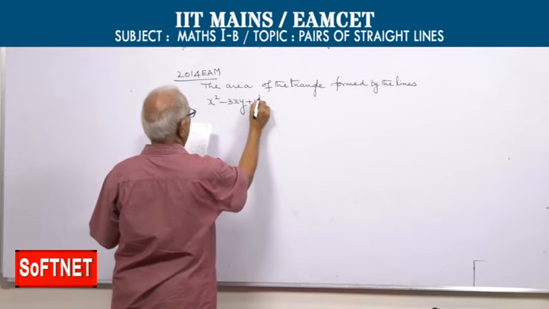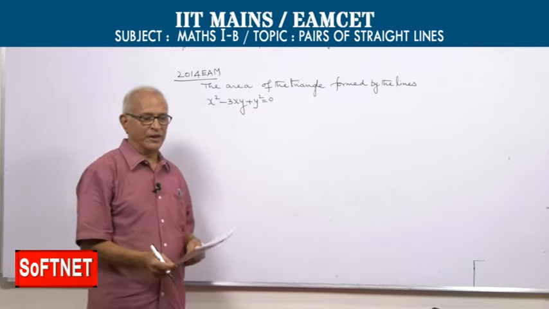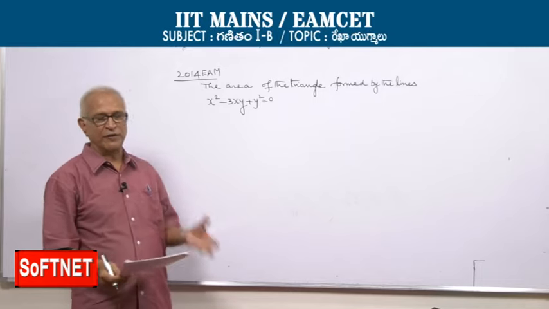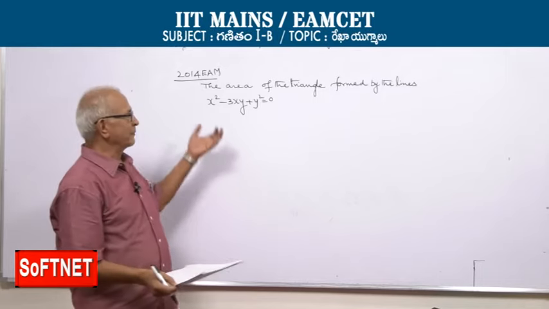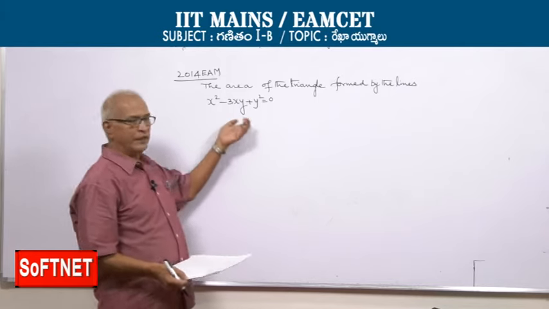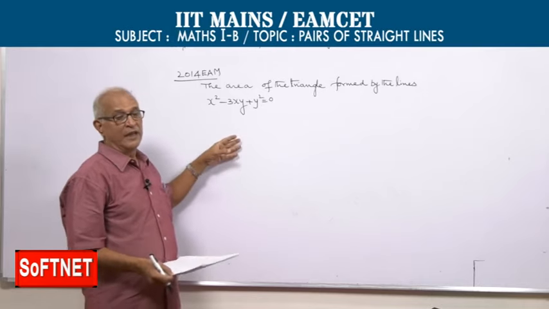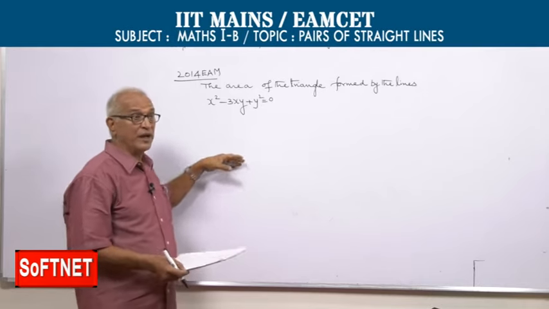Look at this equation. Well, you cannot factorize this normally. Factorization means it should be always factorizable. The question is, when this represents a pair of lines, no question of finding any difficulty in factorizing this. But the real problem here lies in factorizing this as a product of two linear factors with rational coefficients.